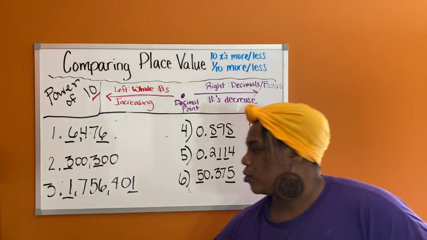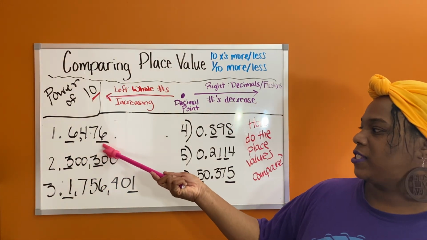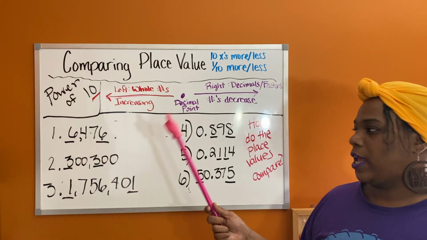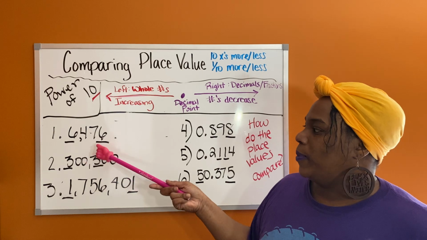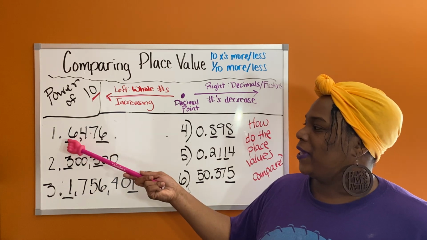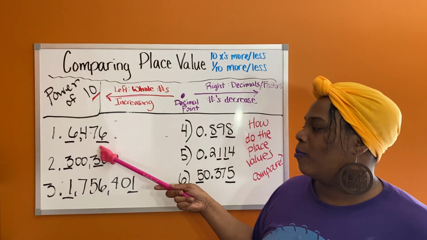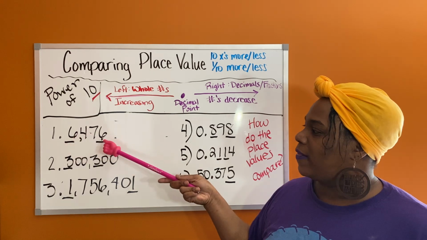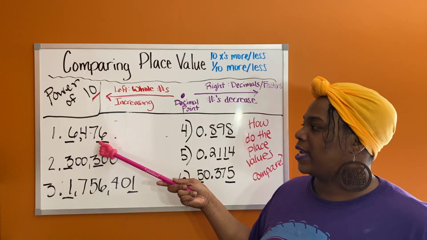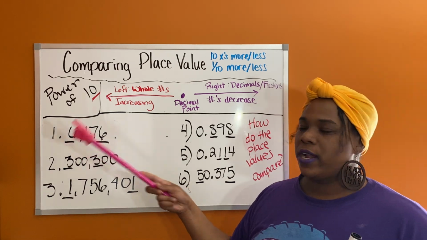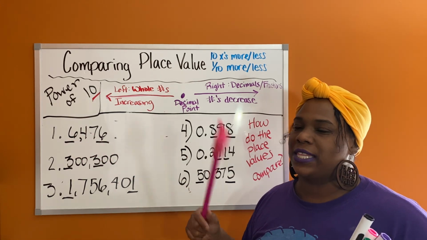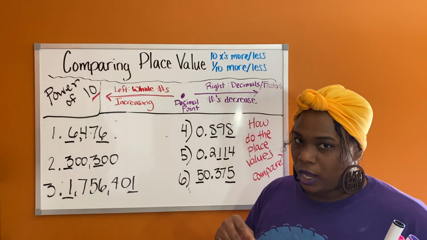All right, so when you're looking right here, how does this 6 compare to this 6? Just like we've been working on throughout the video, you need to look at that. What place value is that in? What place value is this in? And how much greater is this 6 than that? And how much less than is that than that? So what I should see for each one is how much greater one is and how much less than the other one is. All right?